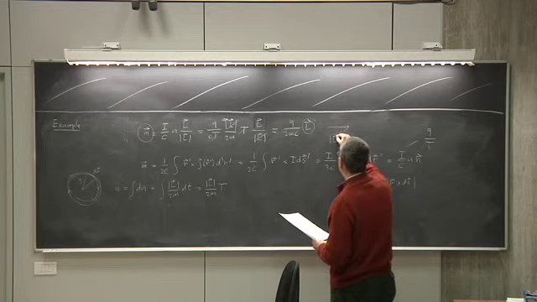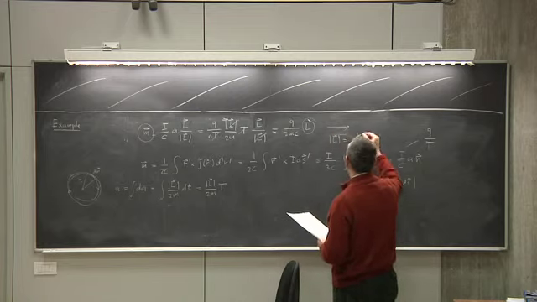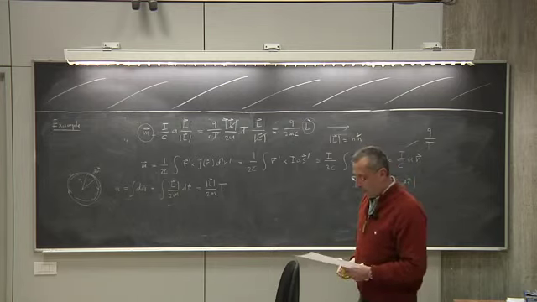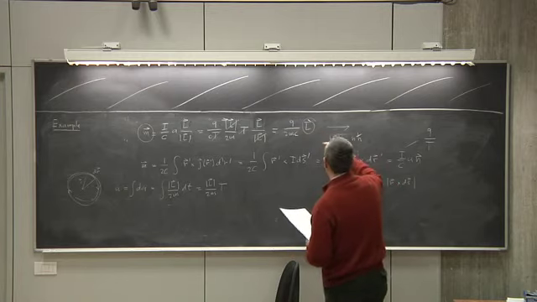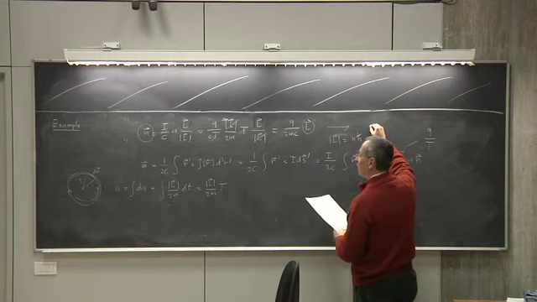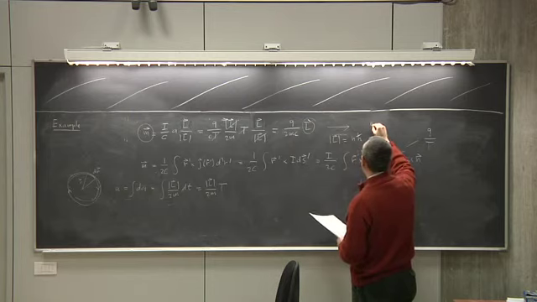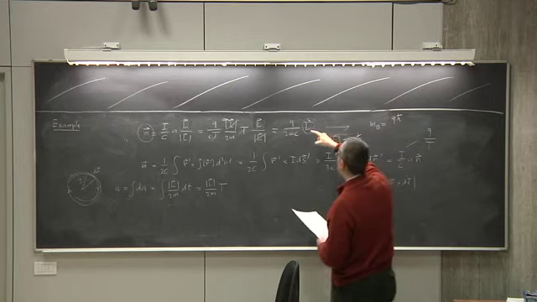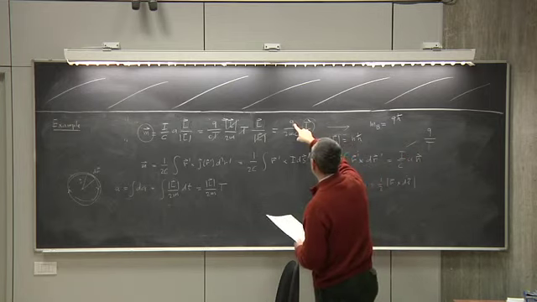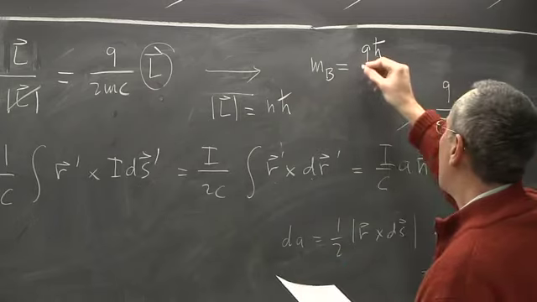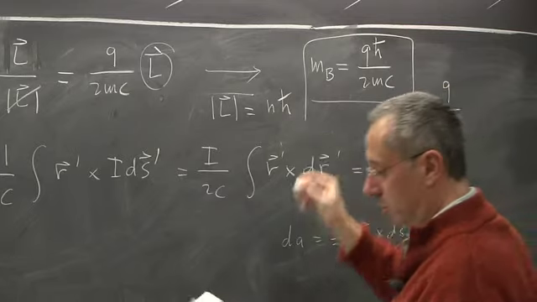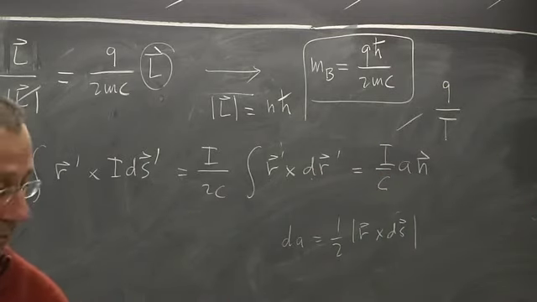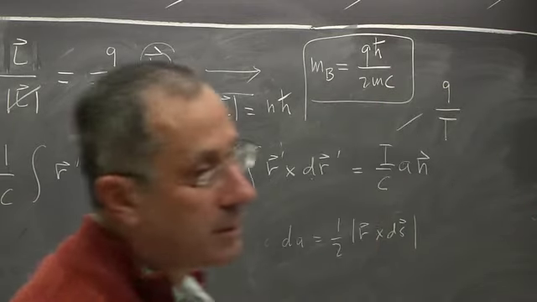Okay, so if we assume that L comes in some quanta of multiples of Planck's constant, then the magnetic moment of this particle comes in multiples of a new constant, that is Q h bar. So here I get n h bar, so I get Q h bar over 2mc, right? And this you must know, what's that? Bohr magneton.